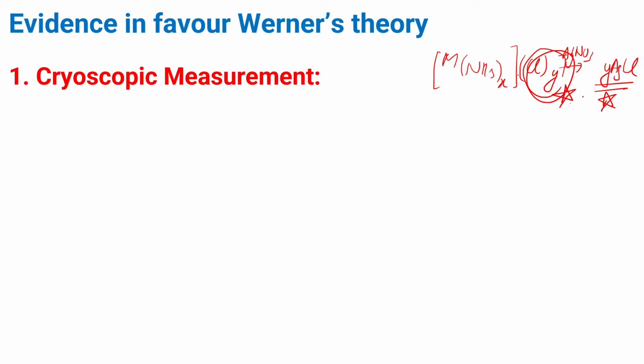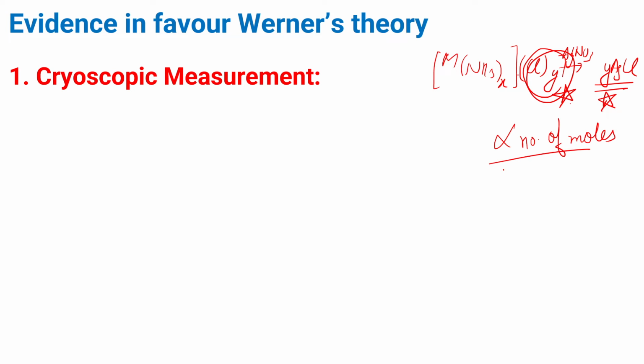So what evidences did he provide? He performed cryoscopic measurements. You must have read about this in the chapter on solutions, in colligative properties: depression in freezing point, elevation in boiling point, or osmotic pressure all depend directly on the number of moles.